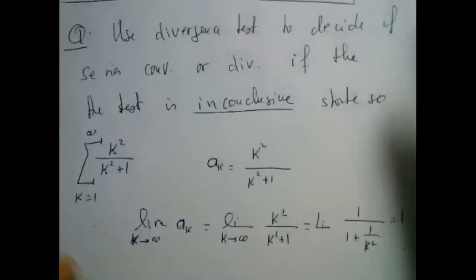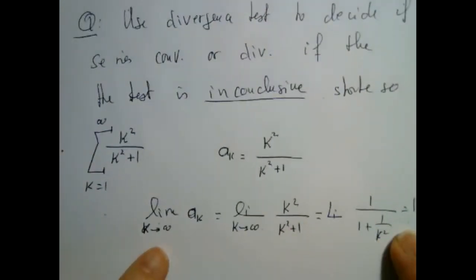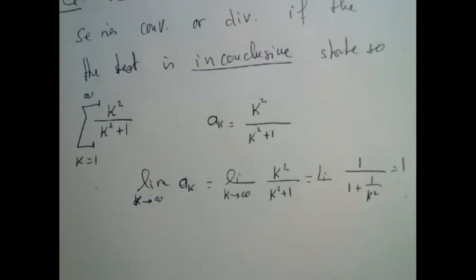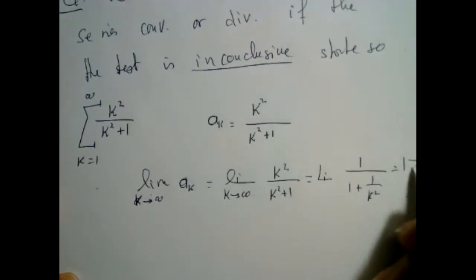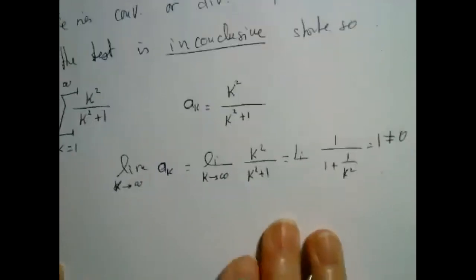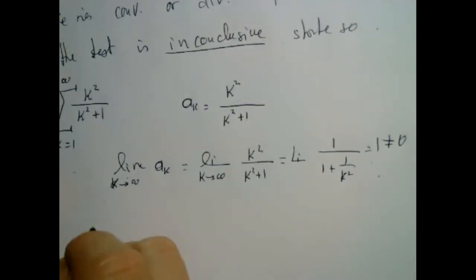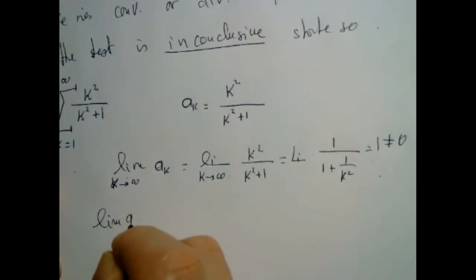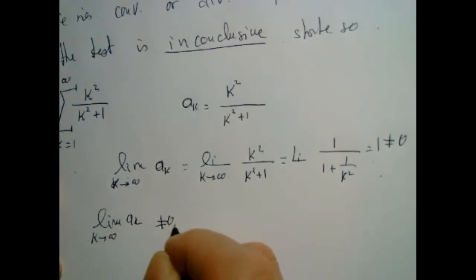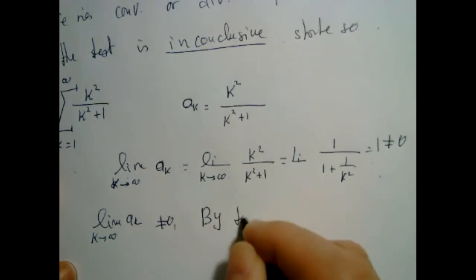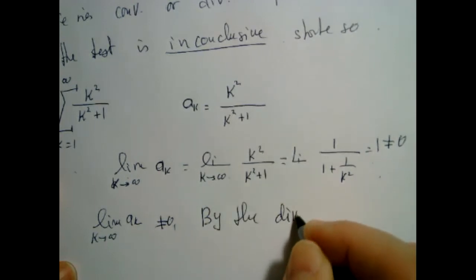So the terms become close to 1, but the series definitely diverges. So the limit of a_k as k goes to infinity is different from 0. So by the divergence test, the series diverges.